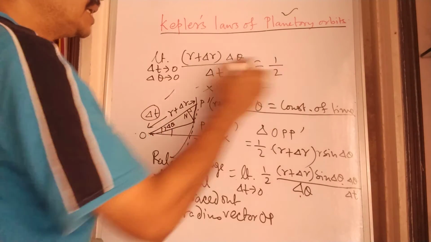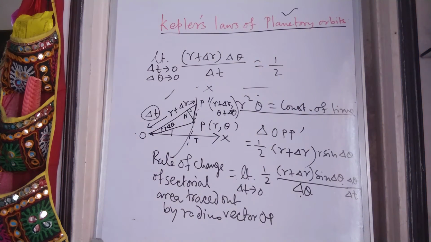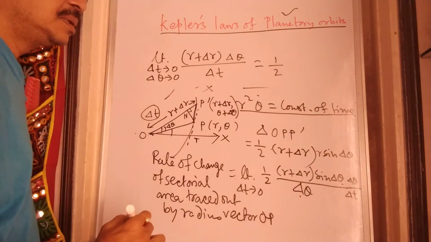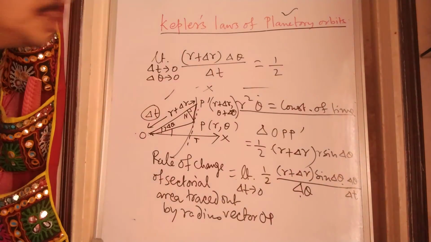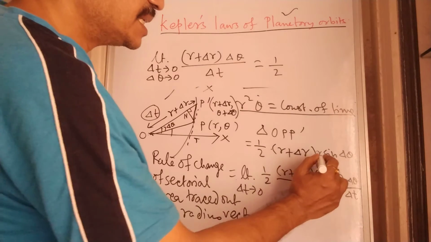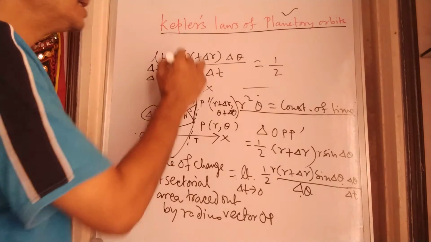So after taking the limit, it becomes half r plus delta r into theta dot. I missed this r here, so this should be written here.